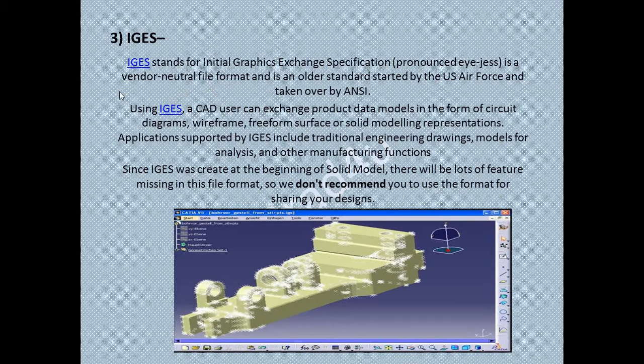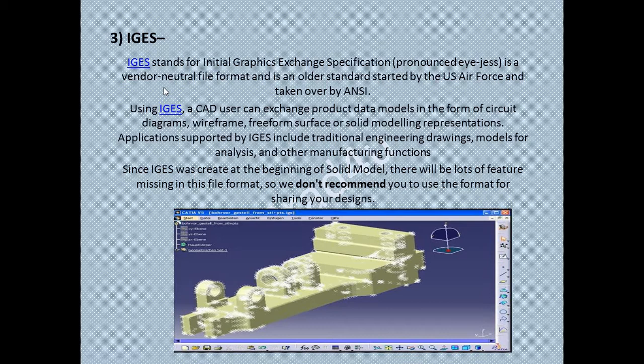It means that it is used to share the data with your vendors. It means the data shared in an IGES format is a dumb model, with no reference given in a tree diagram of that model, so that your vendors will not make any modification or changes in your model or in your design.